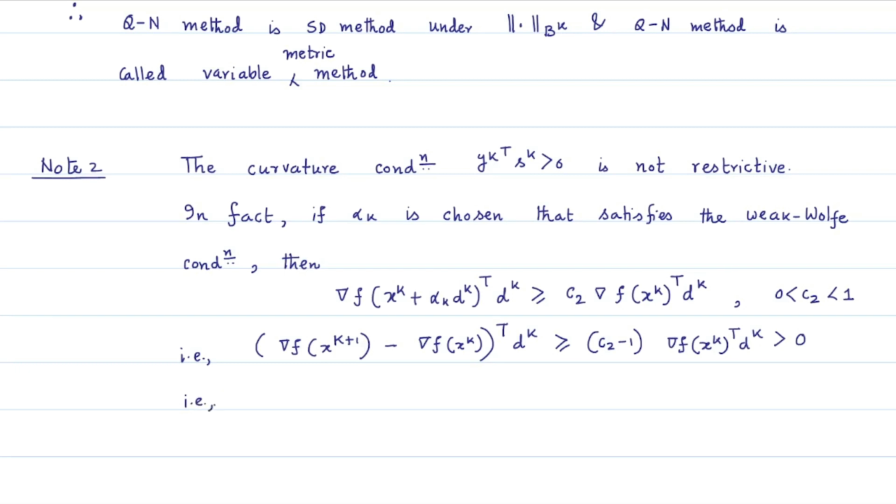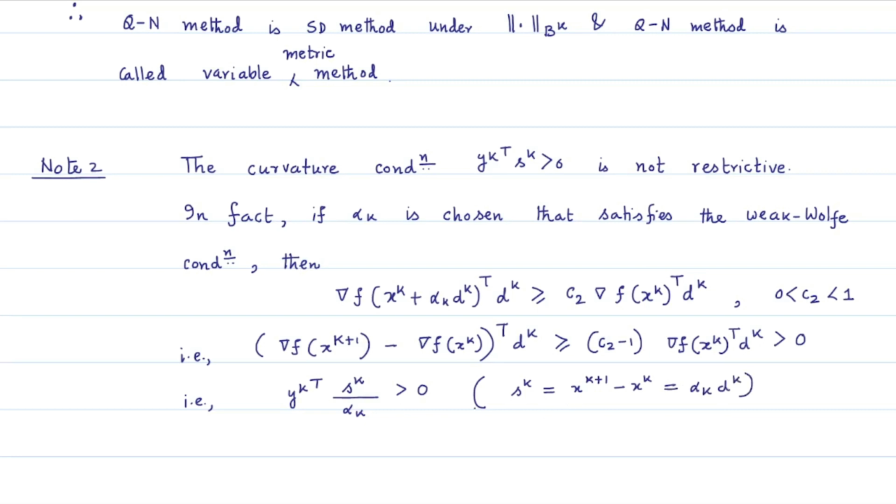So what we get here is that this difference of the gradients is your yk, its transpose dk, and this quantity is greater than 0. But why is dk equal to sk divided by alpha k? This is due to the fact that sk is given by xk plus 1 minus xk, which is equal to alpha k dk, right?